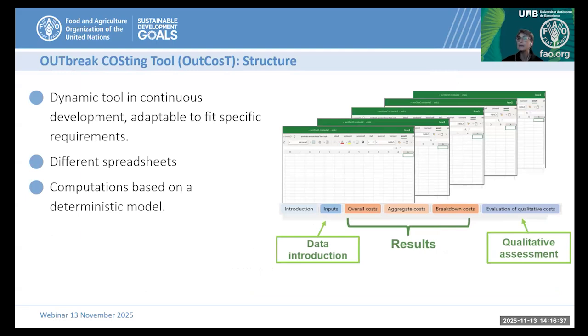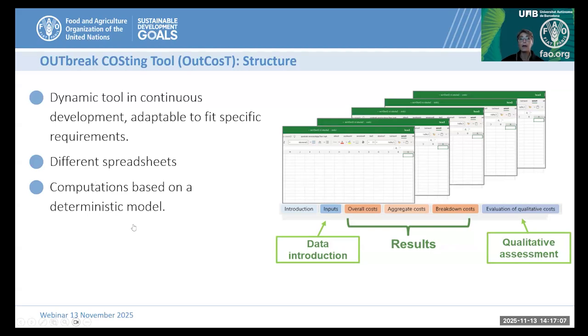Regardless of the species, the tool, which is in Excel, is structured in different spreadsheets. One is dedicated to the introduction of data, called input. Then three spreadsheets are dedicated to the visualization of results. And the last focuses on the qualitative assessment that I mentioned above.